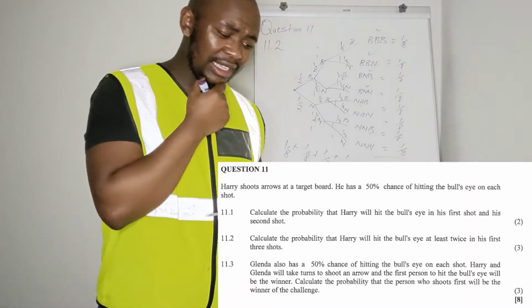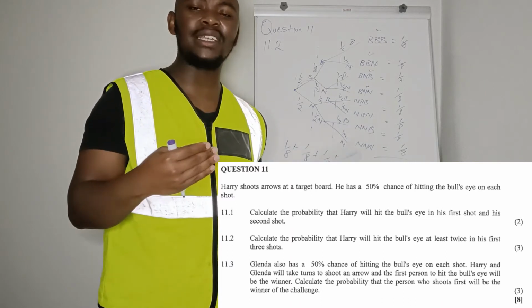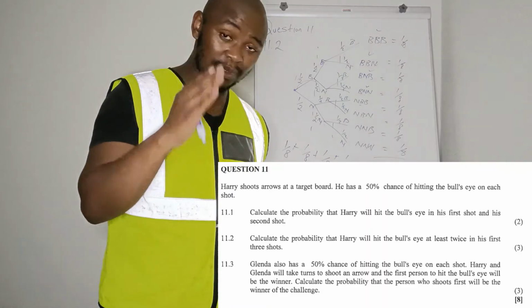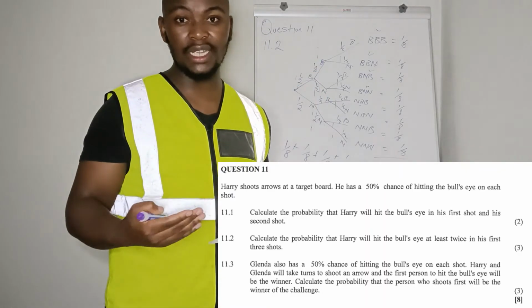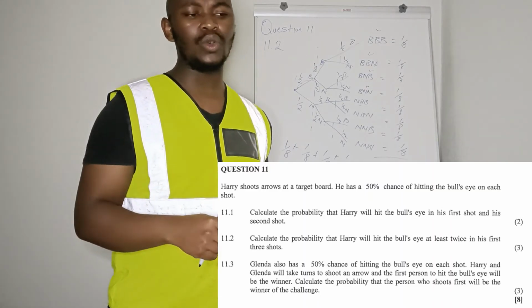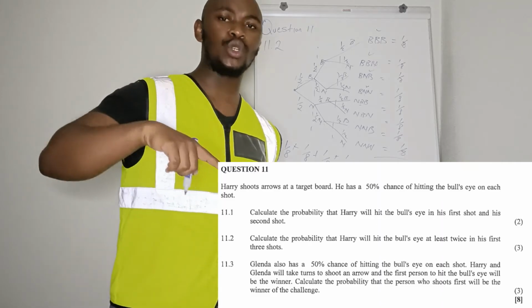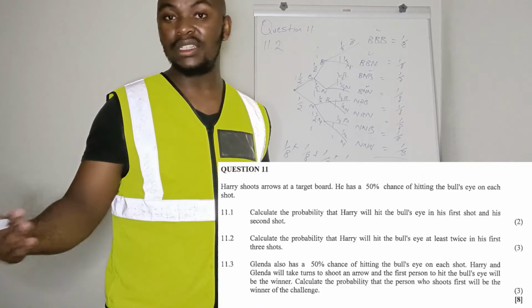But the question is saying the first person who starts, let's calculate the probability that they actually win. So the first person who shoots and hits the bull's eye will win the game. So let's actually check now. If the first person who shot, what is the probability that they will win the game?